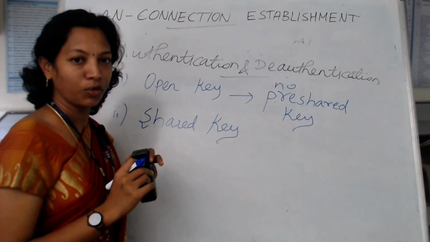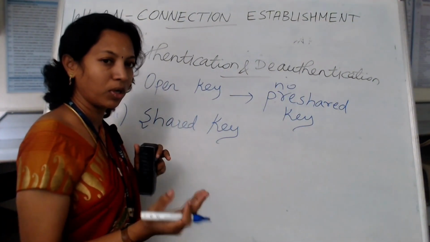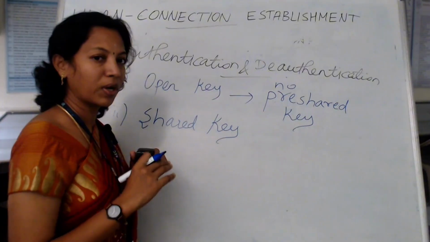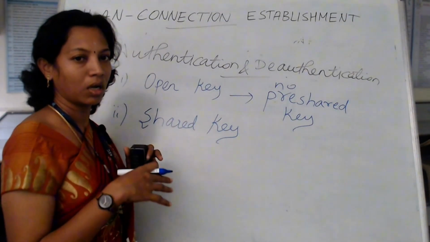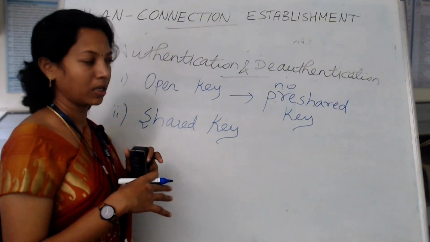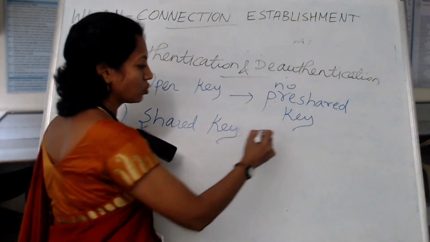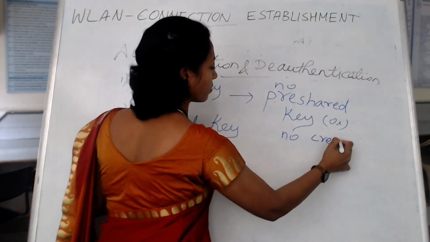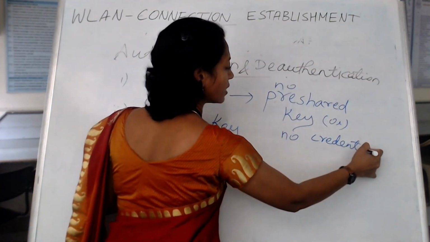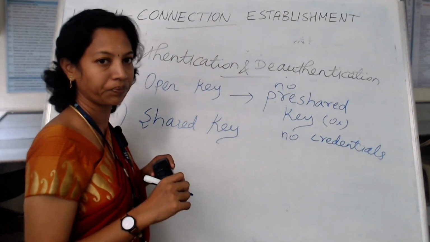If we want to connect to the access point or the Wi-Fi network, we send an authentication request and we get back the authentication reply. There is no pre-shared key, there are no credentials. We just send an authentication request and get back a reply.